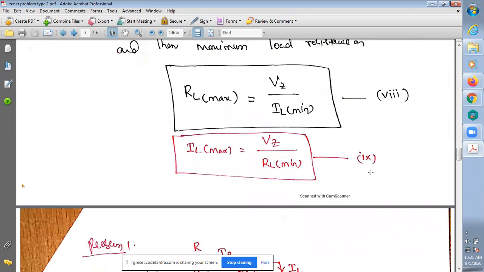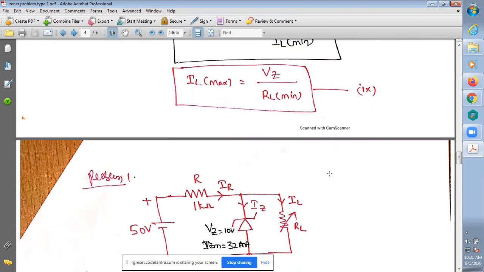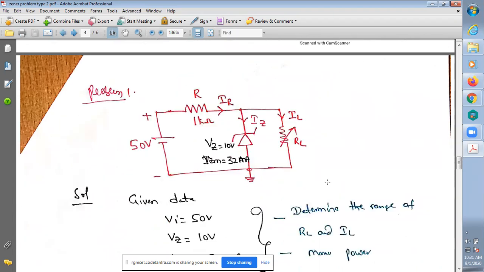If it is in the off state, it is an open circuit. If it is in the on state, replace it with a Vz battery, then calculate the current and power. Now here the load is variable, which means we have to calculate the minimum and maximum load resistance values, as well as the minimum and maximum current.